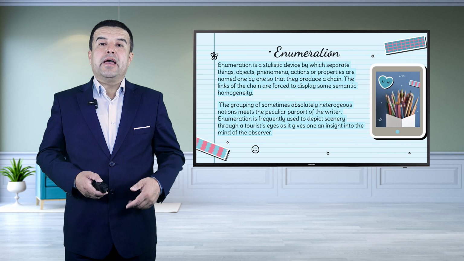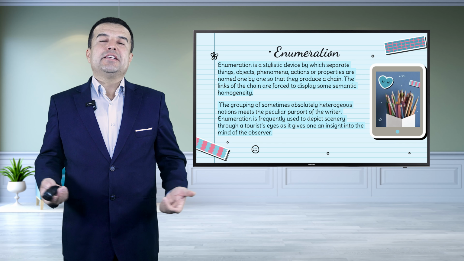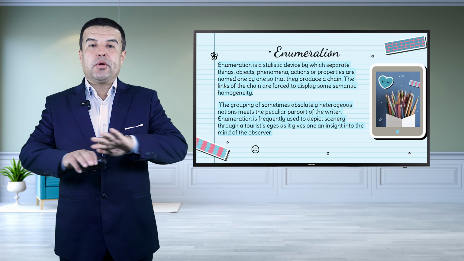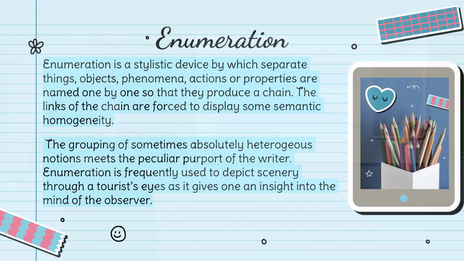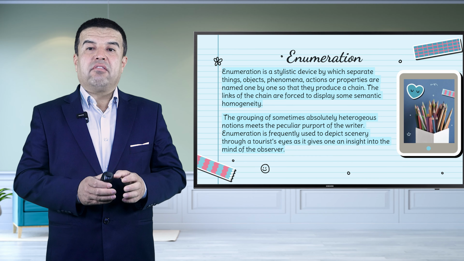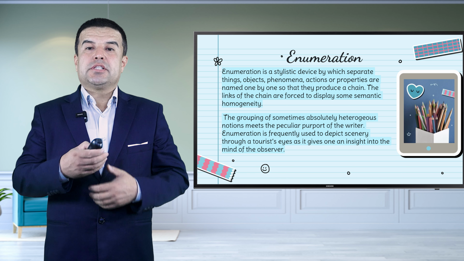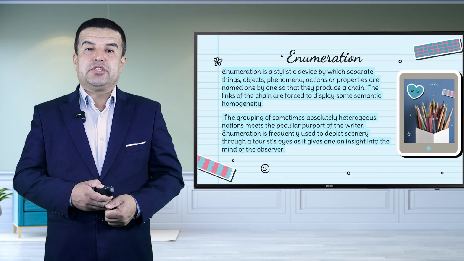Next one is enumeration. Enumeration is also a stylistic device by which separate things, objects, phenomena, actions, and properties are named one by one so that they form a chain. The links of the chain are forced to display some semantic homogeneity.